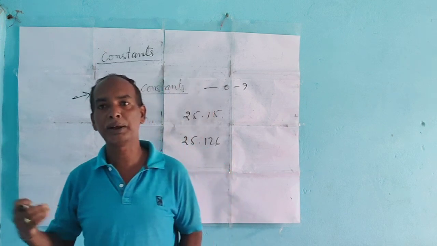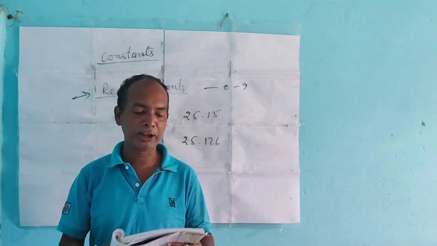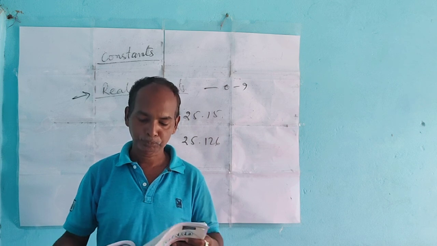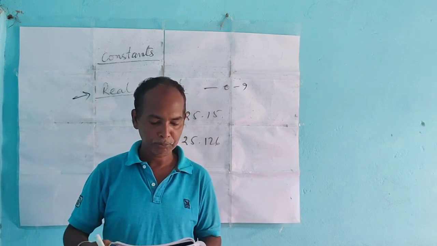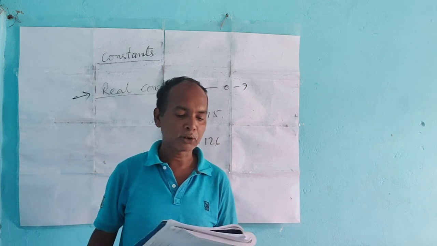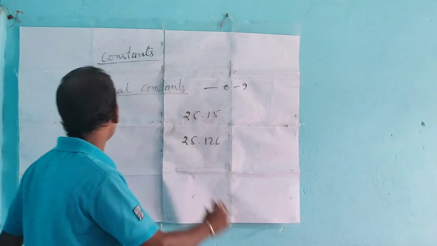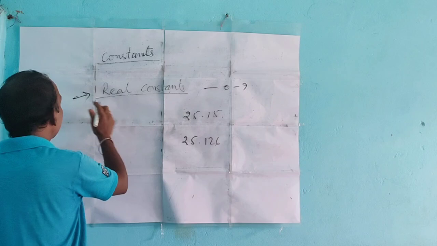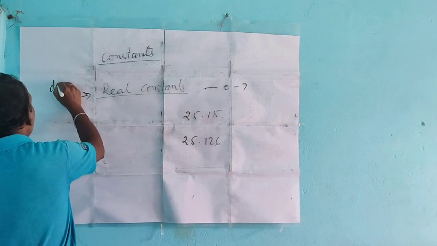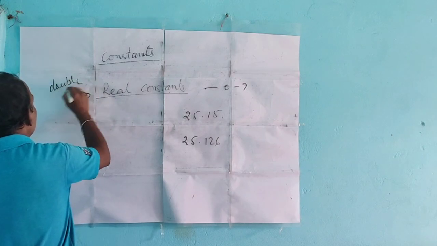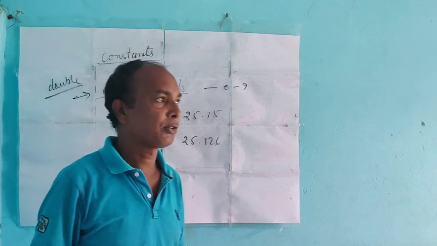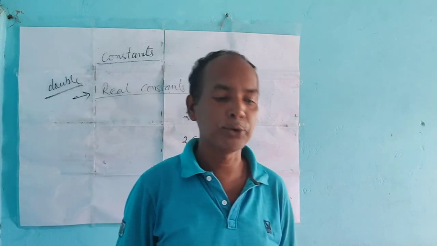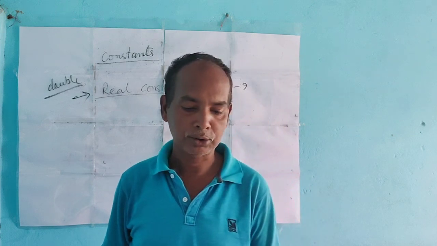If you want a negative number, use a minus sign in front of the number. The default type of real constant is double. Double is a reserved keyword; int is for integer, and double you can use for real constants.